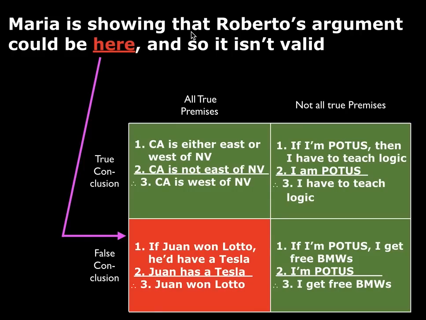So she's showing that this argument could be here. And if an argument can be here, it can't be valid. She's showing that by constructing a counterexample, a situation where the premises are all true but the conclusion is false. If there's a counterexample, that means the argument could be here, and if it can be there, it can't be valid.